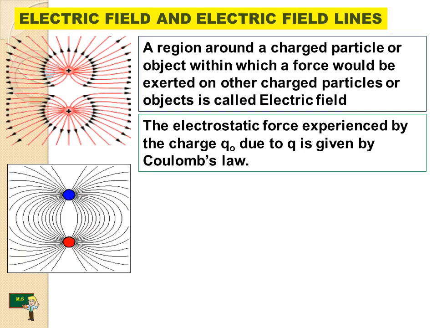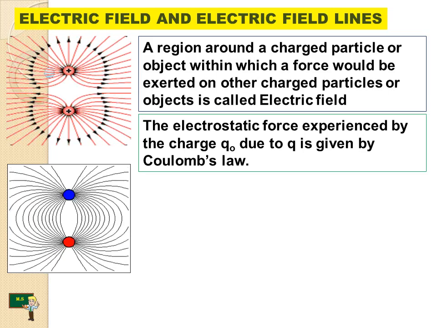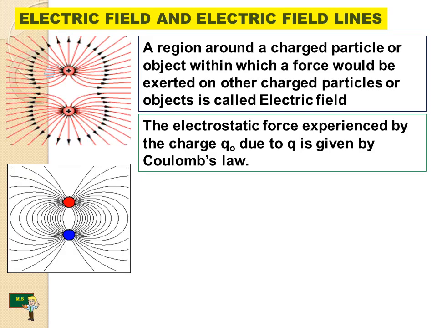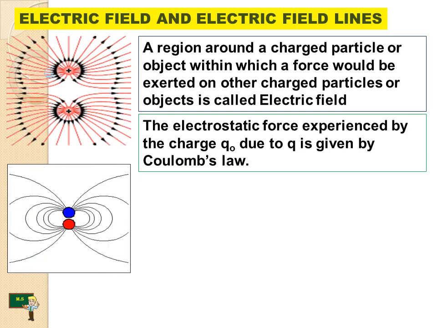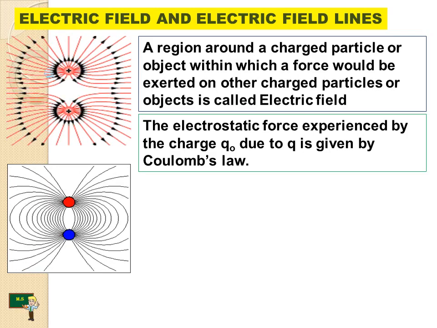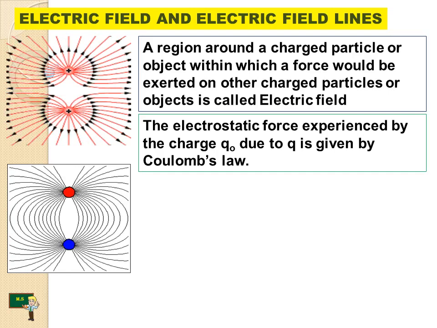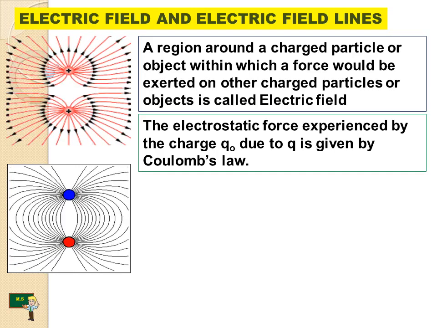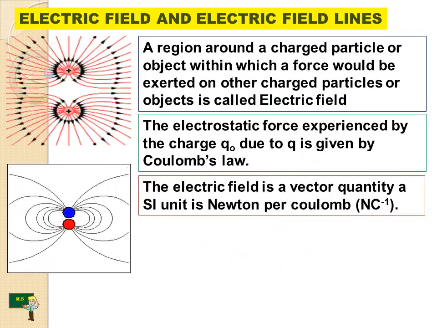The electrostatic force experienced by the charge Q0, here Q0 is the charge from the outer space, that means the new charge entering the electric field space due to Q, is given by Coulomb's law. The electric field is a vector quantity and its SI unit is Newton per Coulomb.